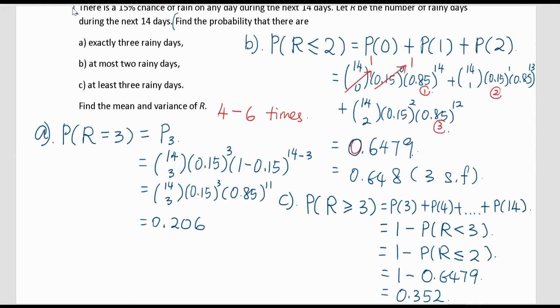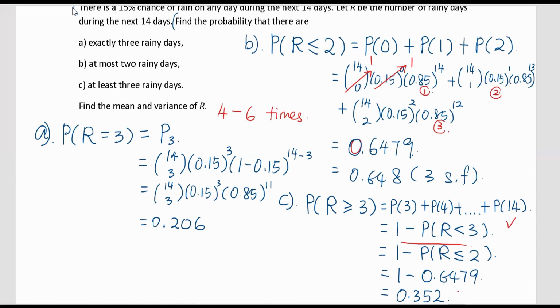So if you are requested to find the probability using the binomial distribution formula 4 to 6 times, this is common. If you are required to use the formula more than 6 times, probably it will be like question C, where you can use 1 minus the probability of the other side, and you will get the answer faster.